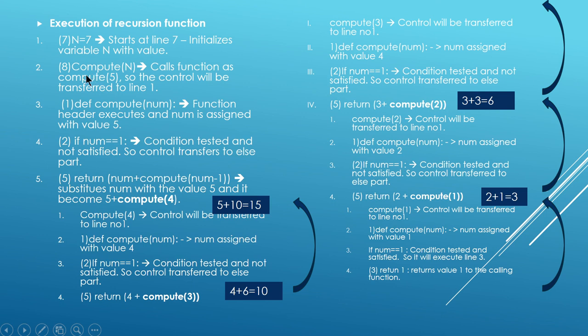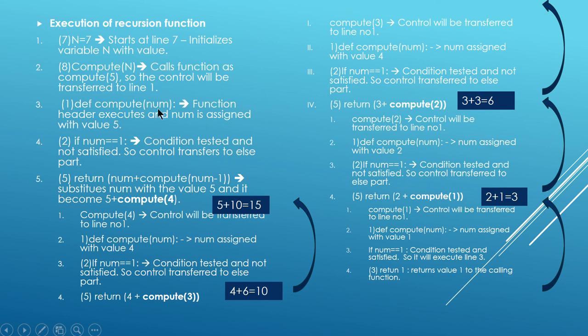Then it will call the function compute of n, and the control will be transferred to line number 1. Now what is the function header? Def compute of num. Here whatever the value 5, that will be assigned to num.